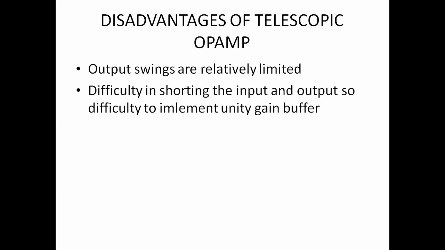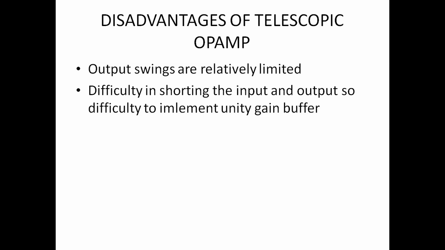So in order to configure an op-amp into a unity gain buffer, we want to short the input and output. So if we consider a telescopic op-amp, there is a problem in shorting the input and output pin. So it is difficult to implement a telescopic op-amp as a unity gain buffer.